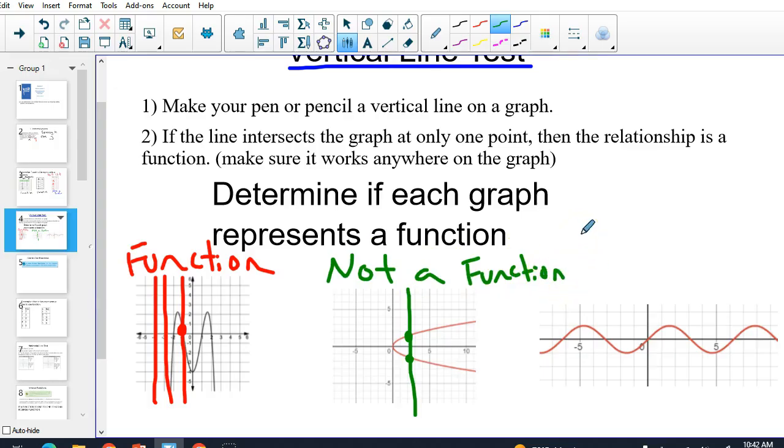And for our last one here, I want you guys to take a couple seconds, look at it, see what you think it's going to be. Alright, let's give it a go. So if I draw some vertical lines here, notice how my lines only ever touch a single time, no matter where I draw a line. Since it only touches once, it's a function.